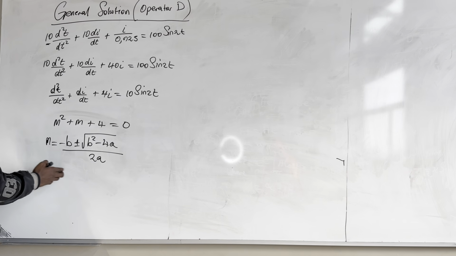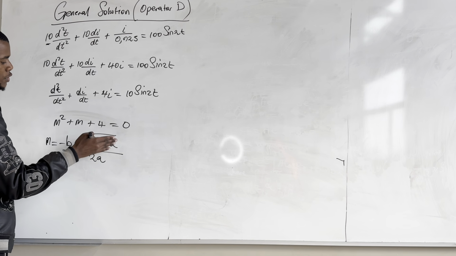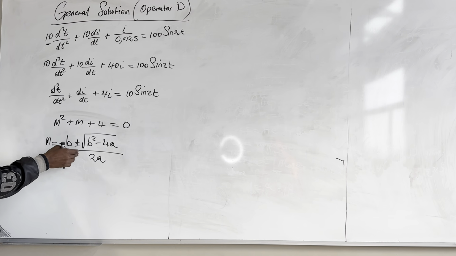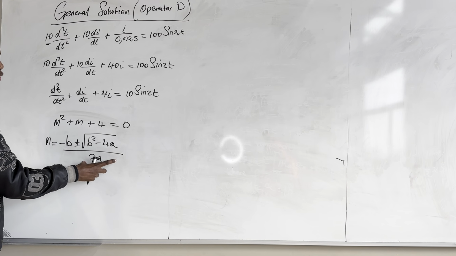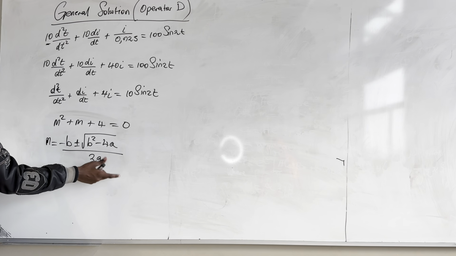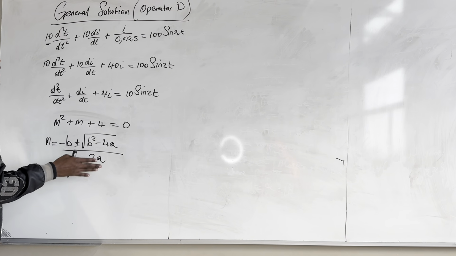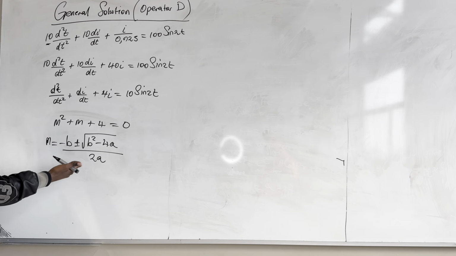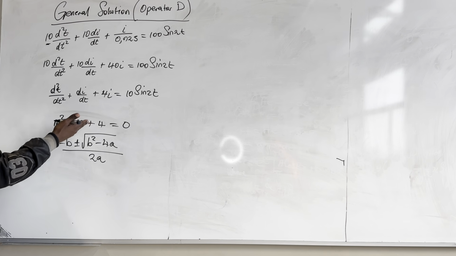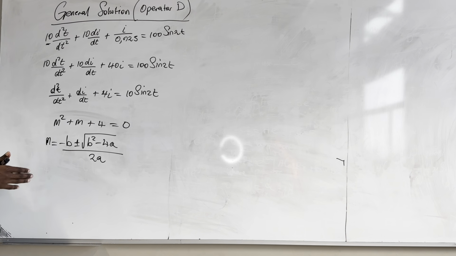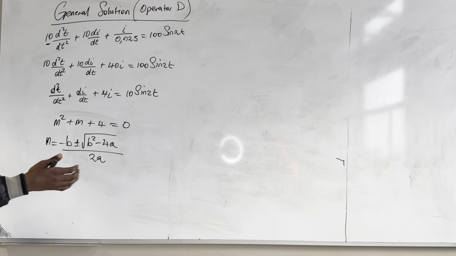You now clearly see that by using this quadratic formula you will get complex numbers. Most of the time, when there are no factors, you will get complex numbers.